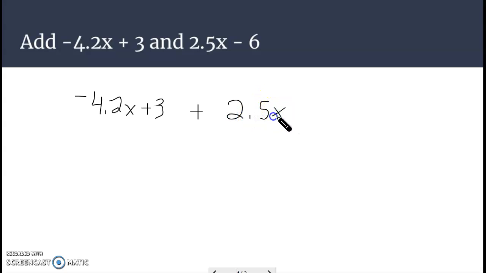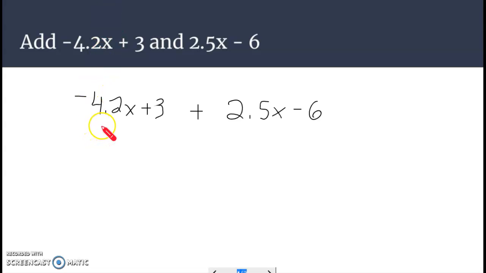You can write them with parentheses, but given that they're being added, it's okay to leave them without parentheses. If you wanted to, you could put parentheses around the first and the second, but that is not necessary.